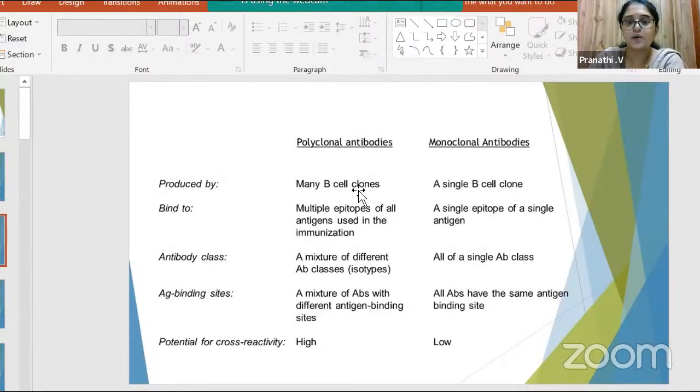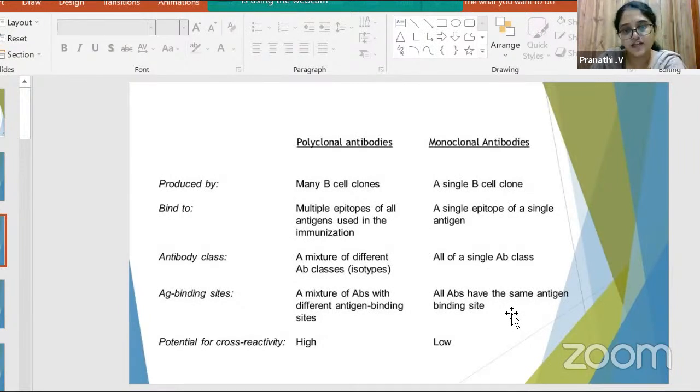Many B cell clones produce polyclonal antibodies, whereas monoclonal antibodies are produced by one single B cell clone. Polyclonal antibodies bind to different epitopes, whereas monoclonal antibodies bind only to a single antigen. Polyclonal antibodies come from different antibody classes, whereas monoclonal antibodies come from only a single antibody class.